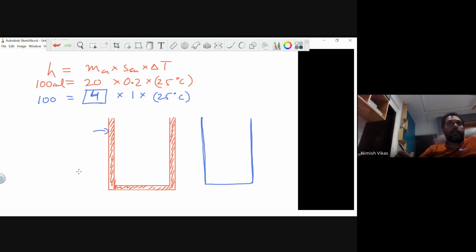This 20 grams of copper is as good as 4 grams of water. Now the full thing is that you had water in this vessel. So you'll do a calculation of ms delta T on water, and you'll do ms delta T of the copper, right?